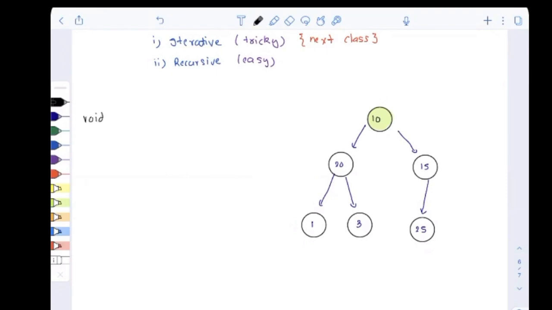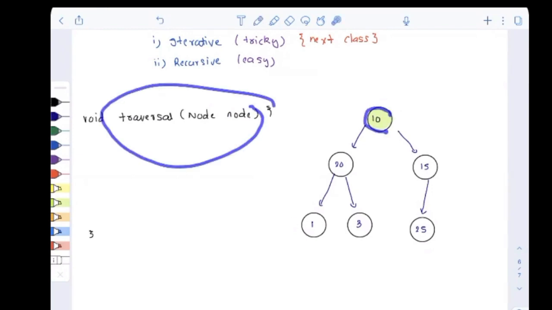So void, I'm just naming it traversal. What I'm receiving is the root node initially, node. You can call it node or any variable name. Initially this node is going to store the address of your root node. Now simple thing, understand guys, whenever I'm entering this function, I'm already sitting at this node.